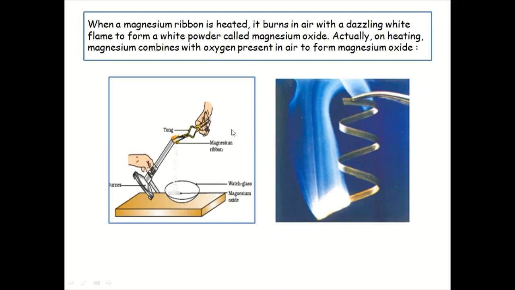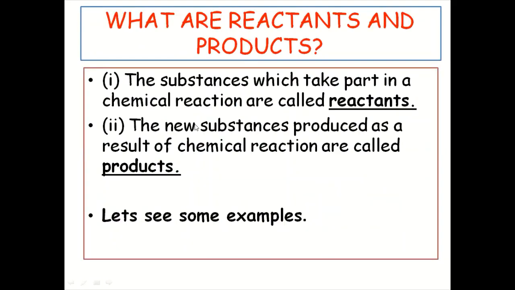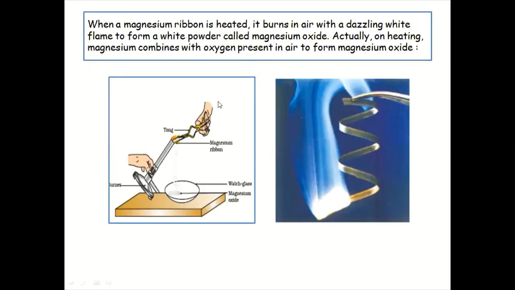That's it. Now, if a chemical reaction happens, there are two types of thing. One is the reactants, or what we call reagents, and another one is the products. Those substances which we use, suppose in this case we are using this magnesium ribbon, this magnesium ribbon is the reactant.